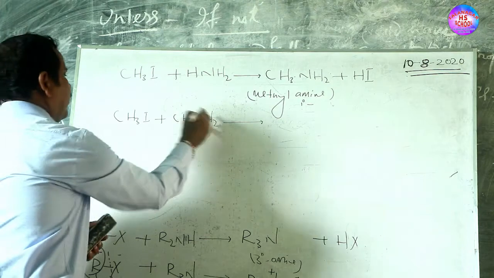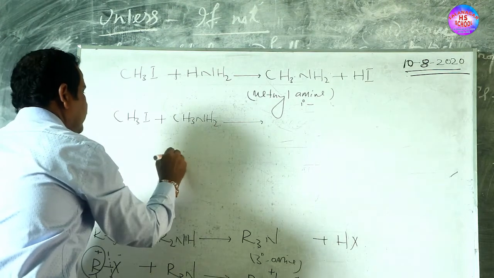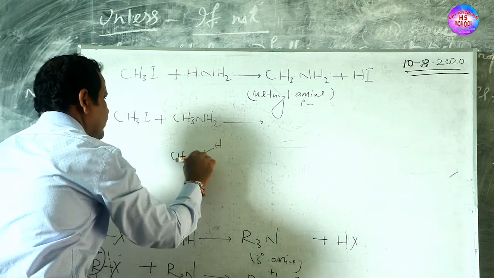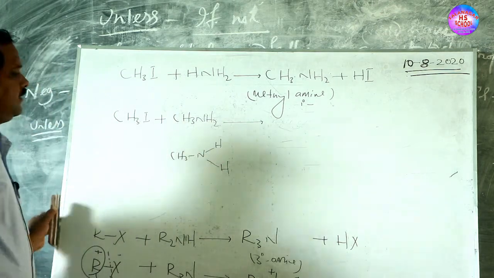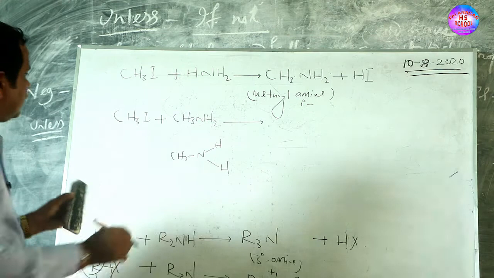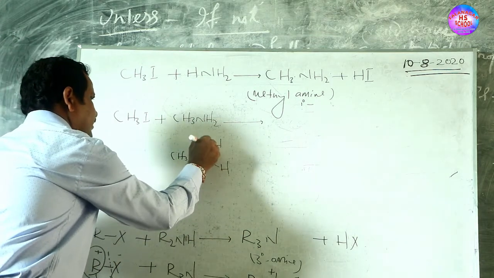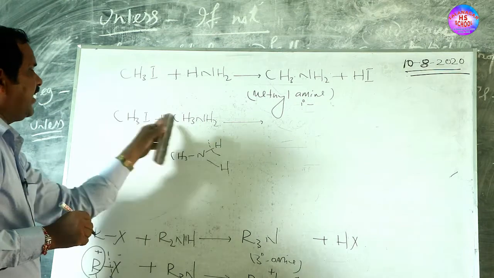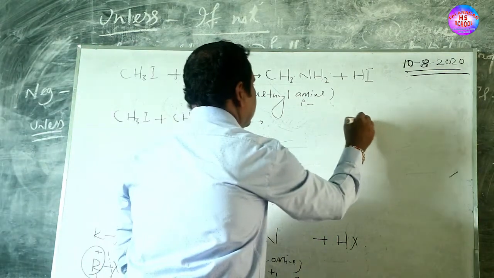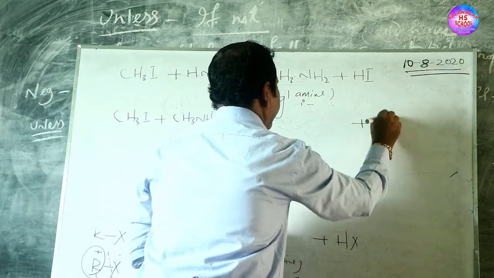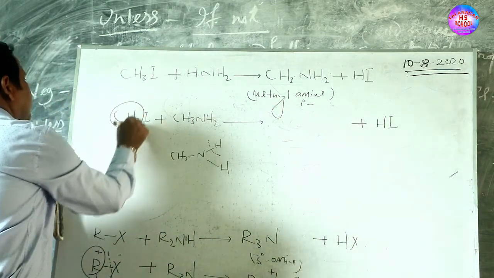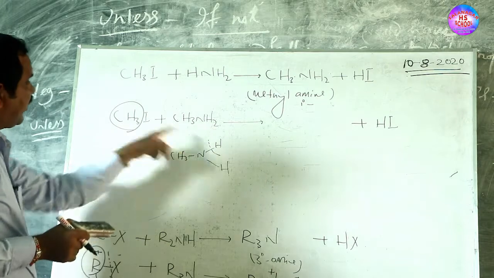So one hydrogen atom of ammonia, NH3, is CH3 single bond N, single bond H, single bond H. So the N-H bond breaks here to take the H of HI, and this methyl group attaches to this nitrogen.